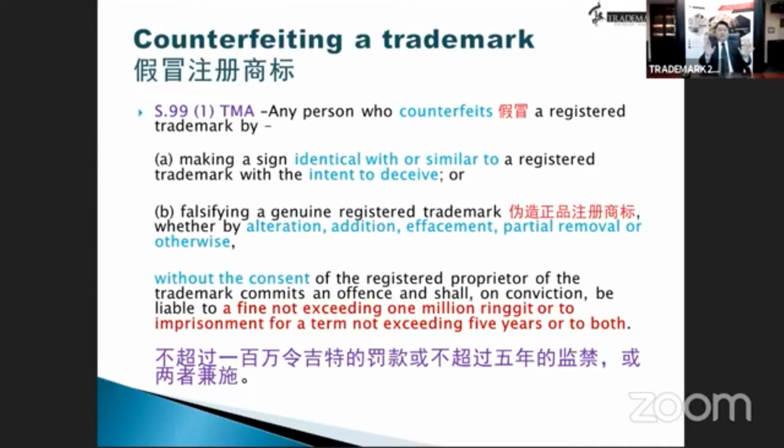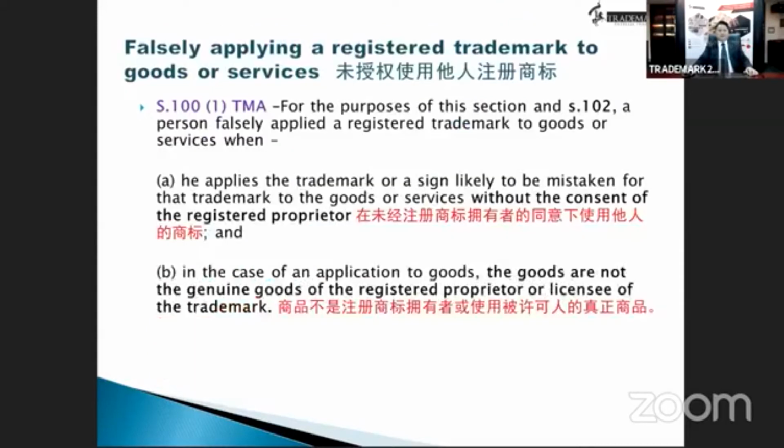Be very careful when you source products from your supplier. Make sure that it's genuine. Make sure that you have your own registered trademark. If you are caught doing so, you can be fined up to 1 million ringgit for counterfeiting. This is a criminal offense.